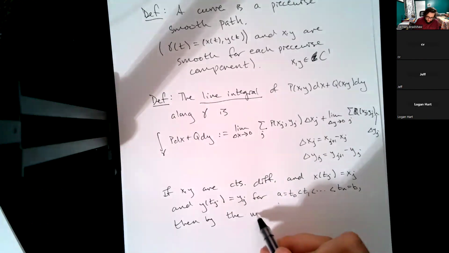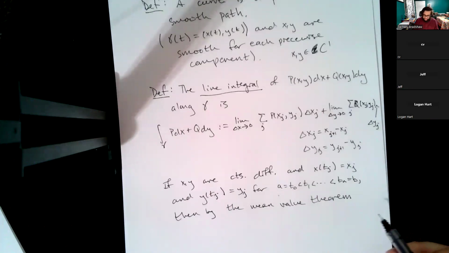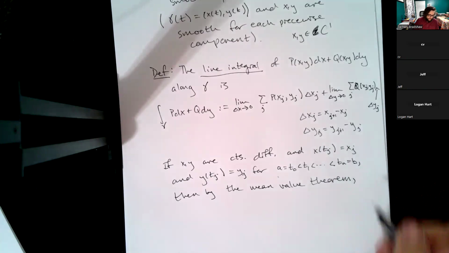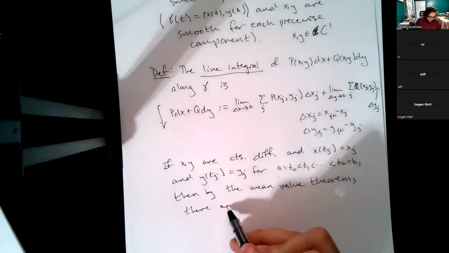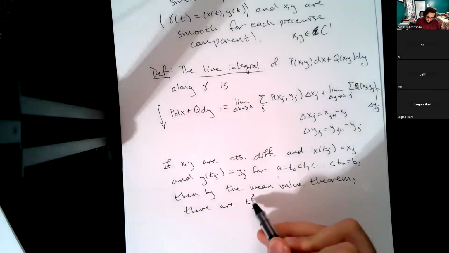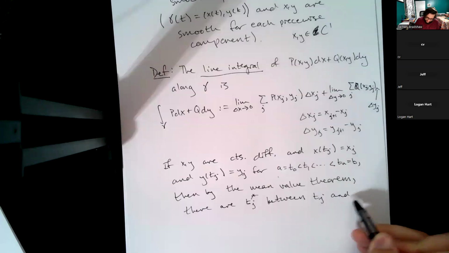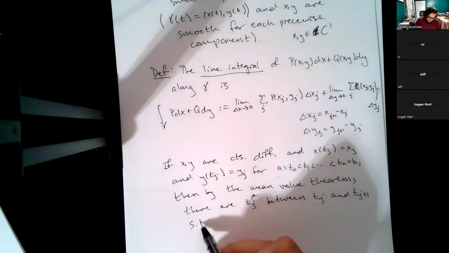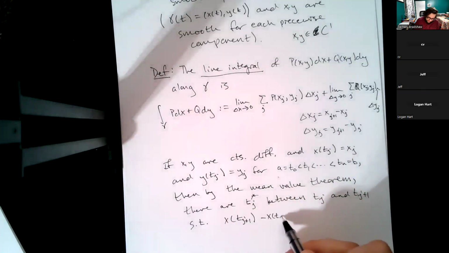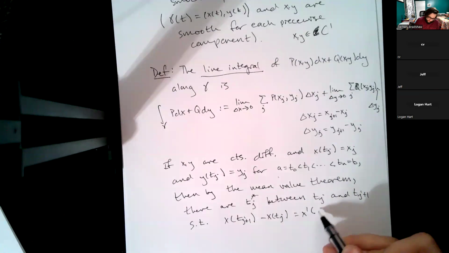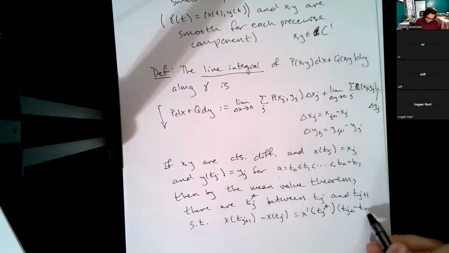Then by the mean value theorem, so if you don't know what the mean value theorem is, I'm about to basically quote it verbatim. Here's the mean value theorem. There are some tj stars between tj and tj+1 such that x of tj+1 minus x of tj is x prime of tj star times tj+1 minus tj.